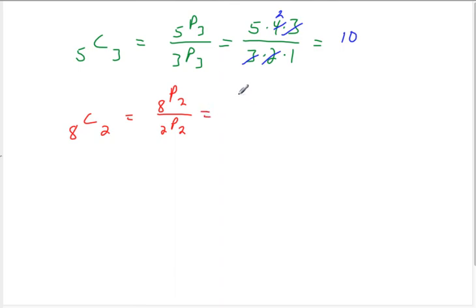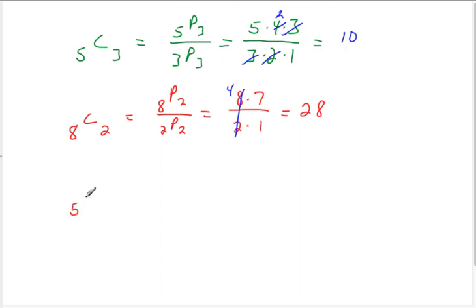So we got 8 times 7 on top and then 2 times 1 on the bottom. Again, we want to reduce first to make that as easy as possible. And there's 28 different ways you can get 2 class representatives from a group of 8 students who want to be the rep.